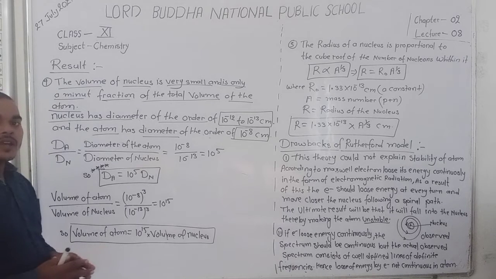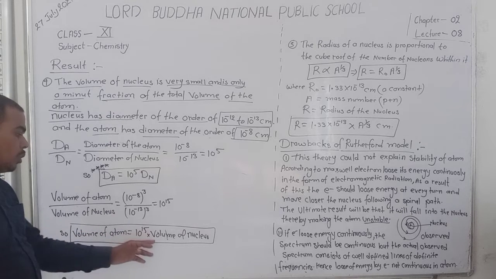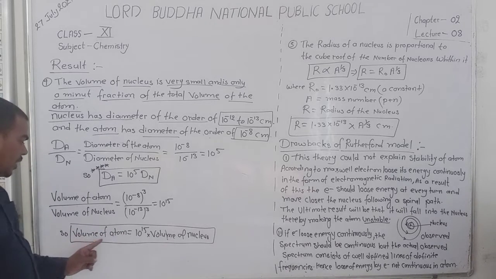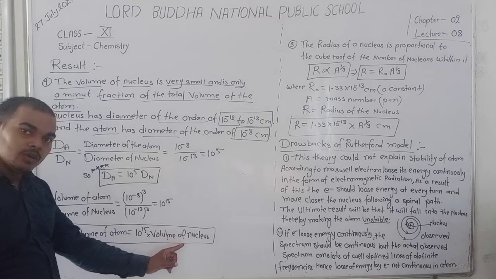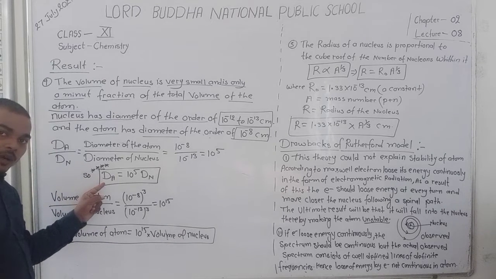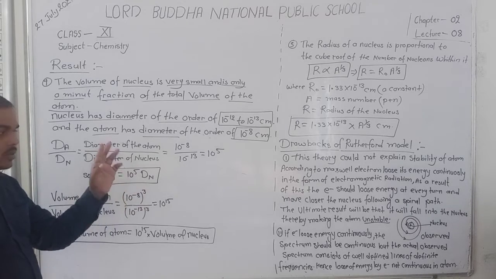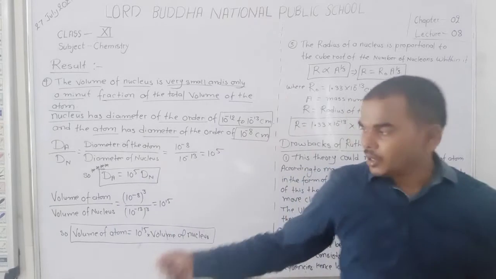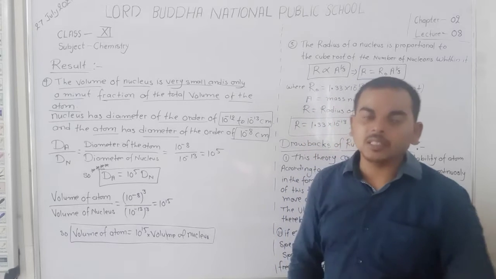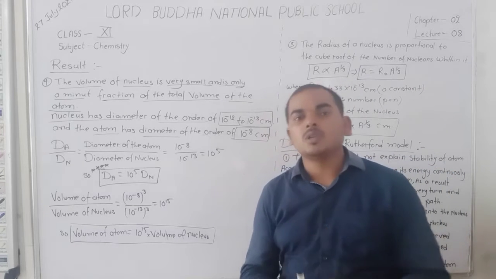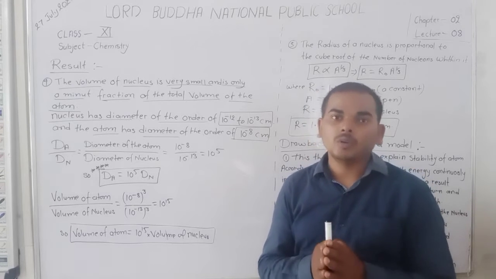Dear student, we say that the volume of the atom is 10 raised to the power 15 times the volume of the nucleus. Always remember, the volume of the atom is 10 raised to the power 15 times the volume of the nucleus, and the diameter of the atom is 10 raised to the power 5 times the diameter of the nucleus. Okay, student, always remember that the diameter of the atom is 10 raised to the power 5 times the diameter of the nucleus, and the volume of the atom is 10 raised to the power 15 times the volume of the nucleus.